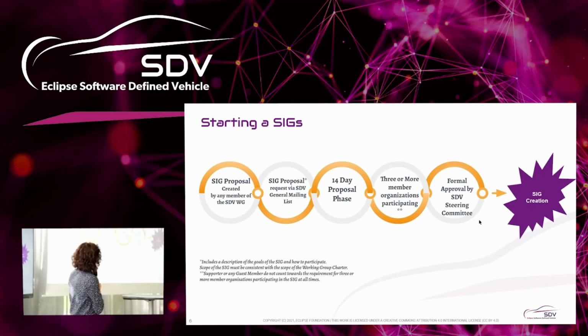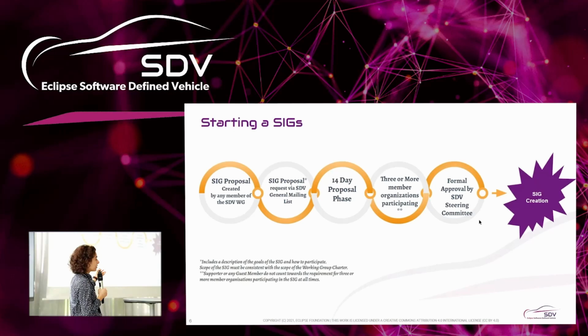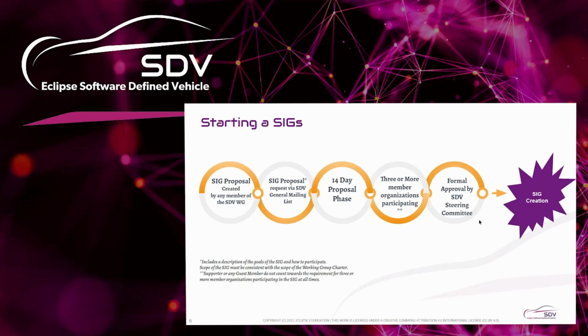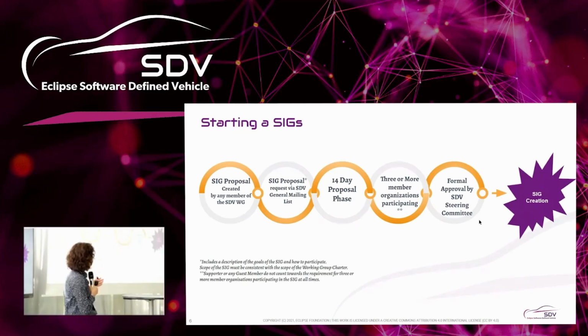There is then a general mailing list around it. We need to have supporting members. If three or more member organizations say that they are in the creation of it, then this is formally approved by the steering committee. The steering committee has formally approved both the ThreadX special interest group and the Rust one.